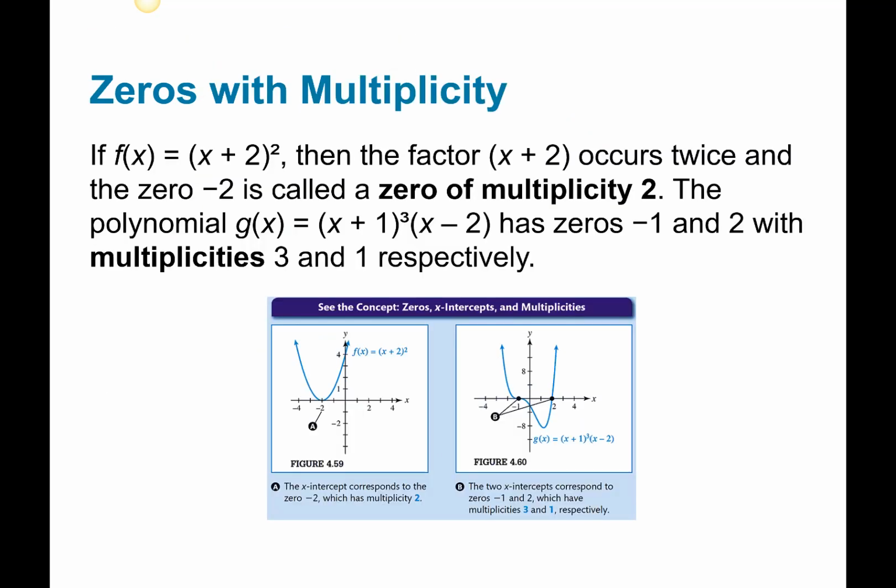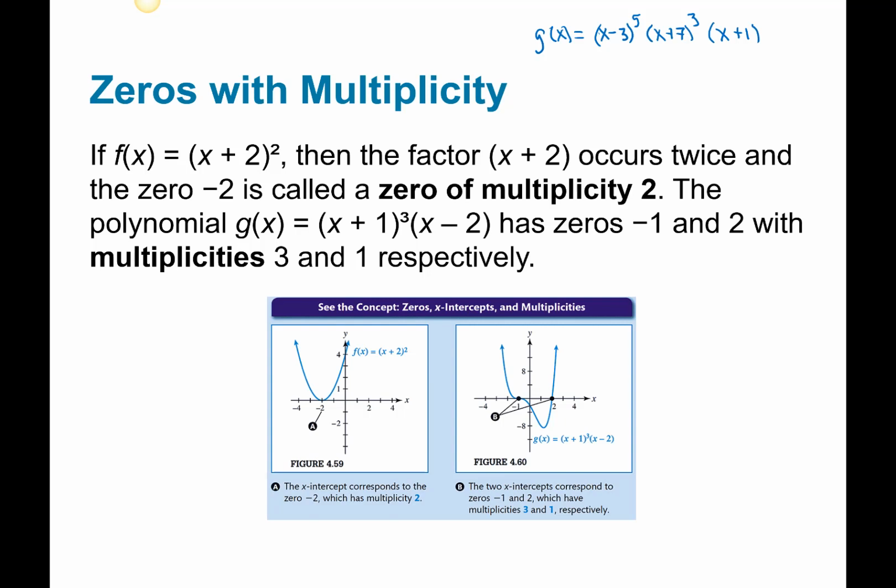All right. It is possible for a 0 or a factor to occur more than once. For example, suppose I cook up a function where it's x minus 3 to the 5th power, x plus 7 cubed, x plus 1, and we'll just call it quits with that.